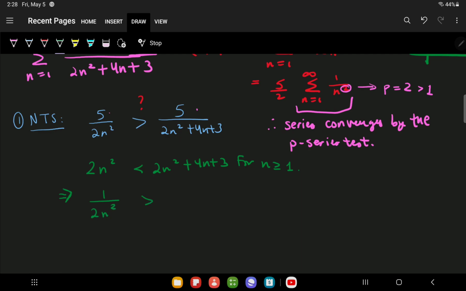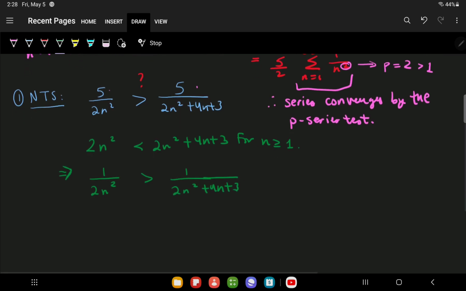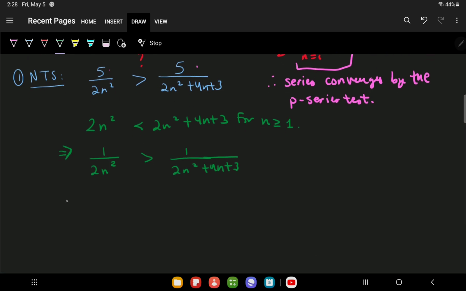So 1 over 2n squared is greater than 1 over 2n squared plus 4n plus 3 for n greater than 1. And now, if we multiply the same constant to both sides, the sign will not change. Therefore, 5 over 2n squared is greater than 5 over 2n squared plus 4n plus 3.